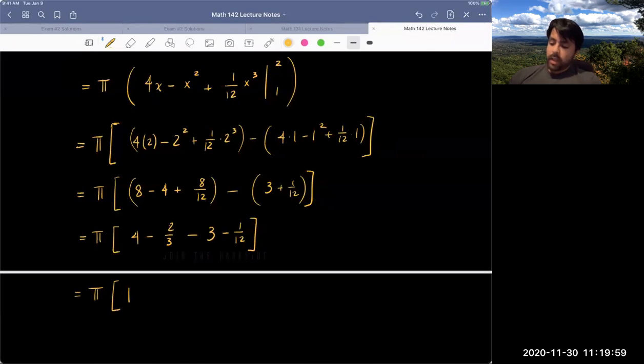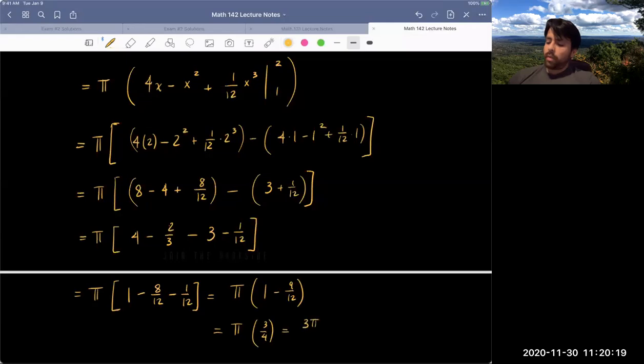So this is negative 8/12. I rewrite it using the same denominator. I get pi times 1 minus 9/12, which is the same thing as 3/4. So the answer should be 3 pi over 4.